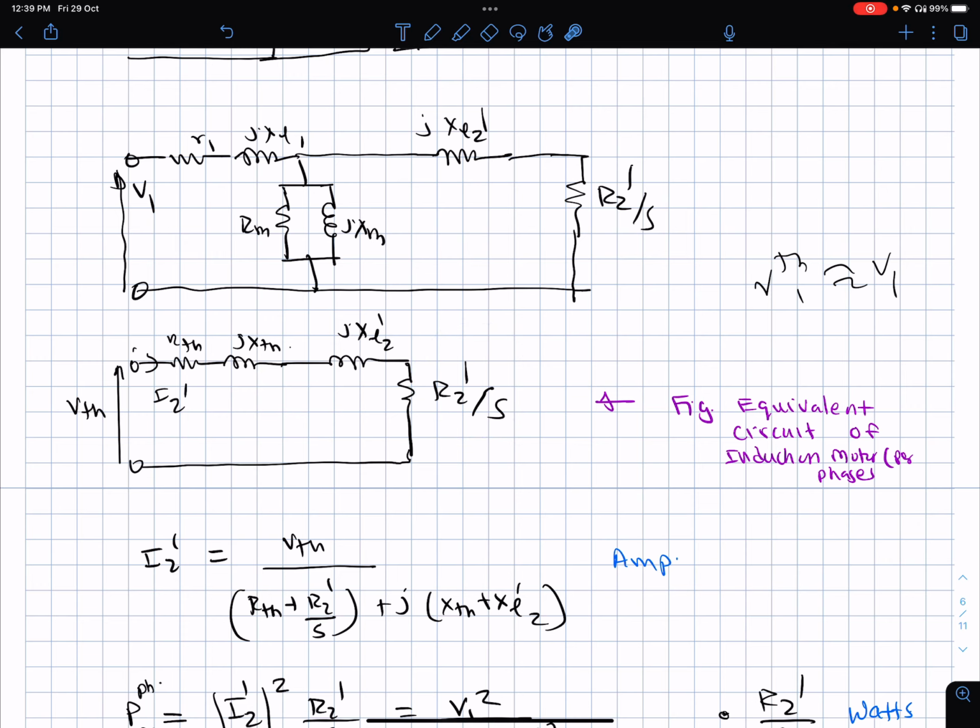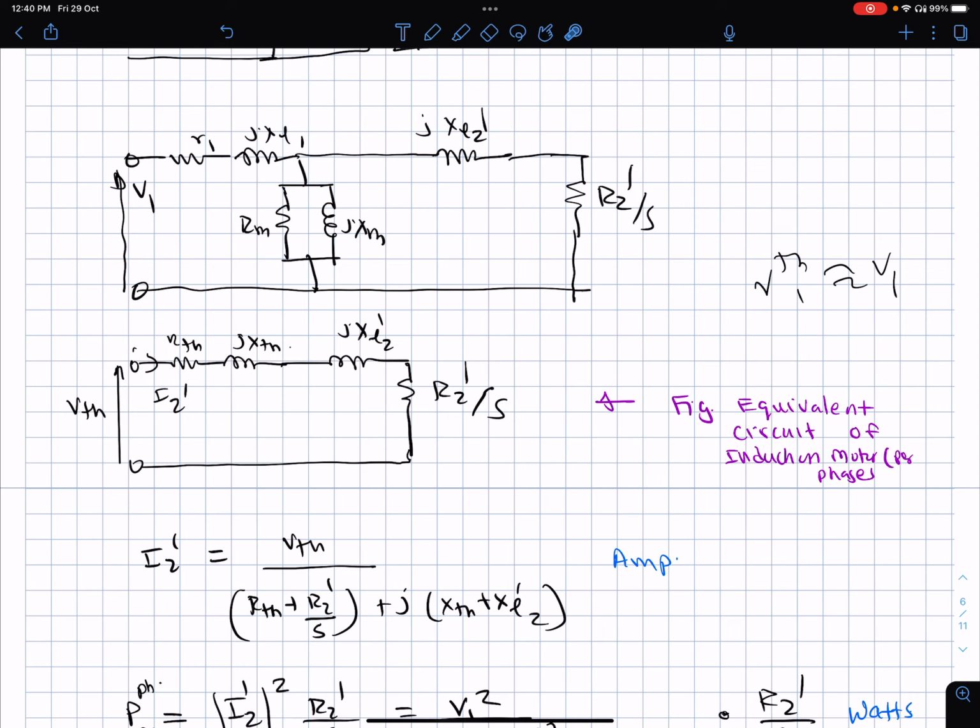Once we get a handle on power, and we already have a handle on speed, that omega m is equal to (1 minus S) times omega s through the slip, then we will be able to say that power is equal to torque into speed. So from there we will get a handle on the torque, and once we get a handle on the torque, we would have practically moved many significant steps ahead.